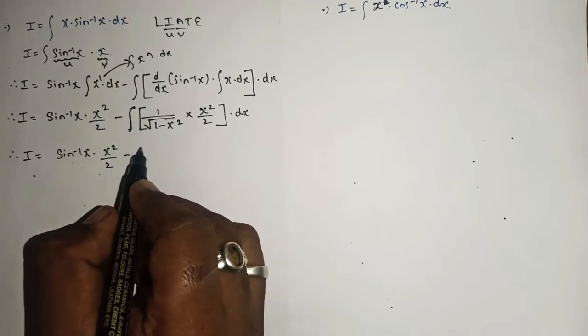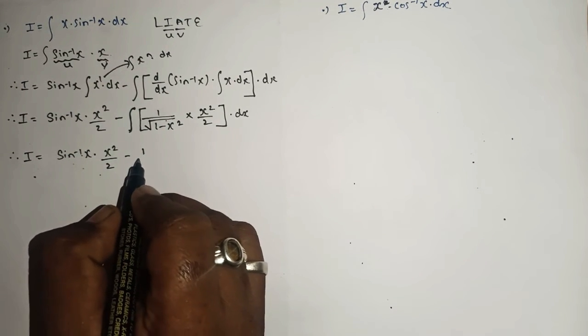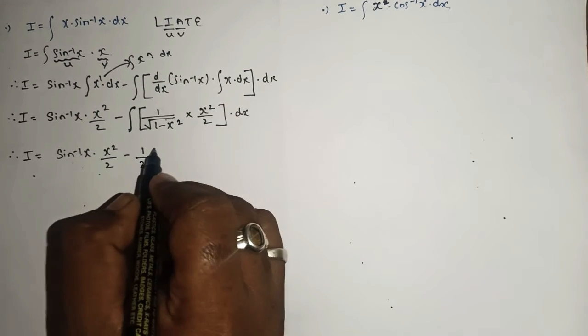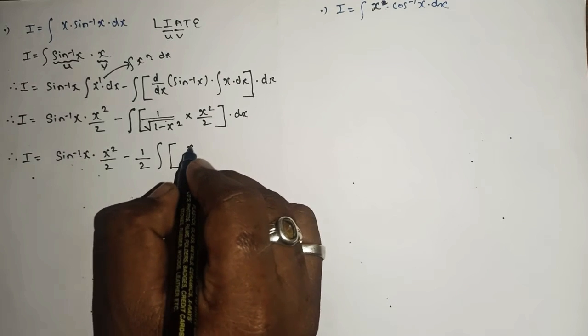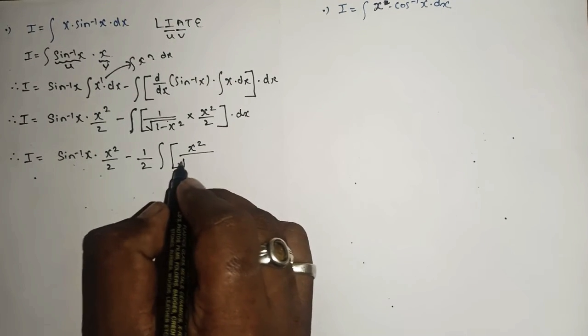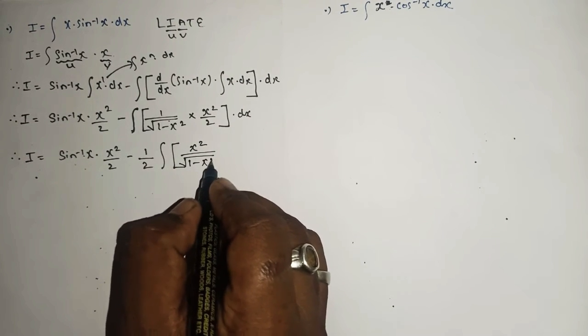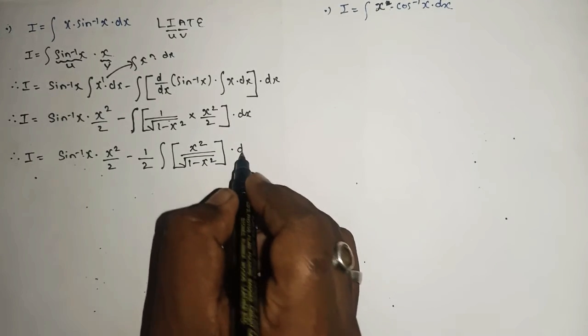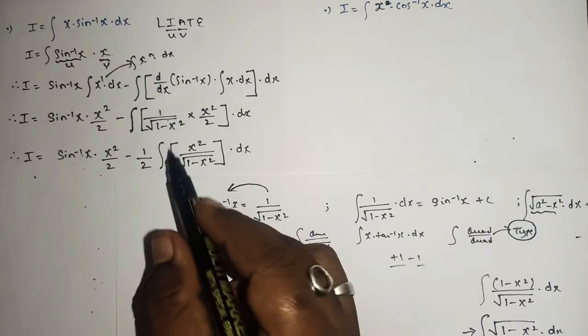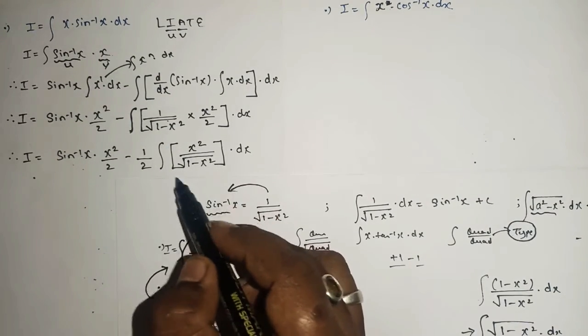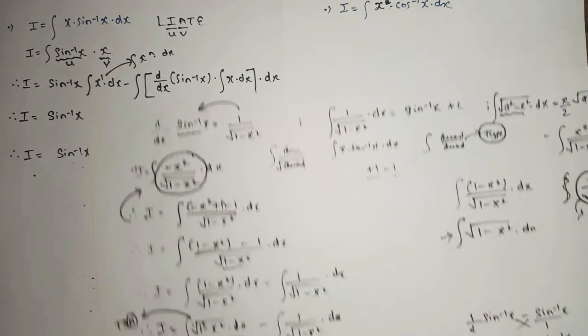As here 1 upon 2 is a constant, we can bring it outside the integral. So here we are left with x square upon root 1 minus x square into dx. Just now only we saw how to solve this integration, quadratic upon root quadratic, yes or no?